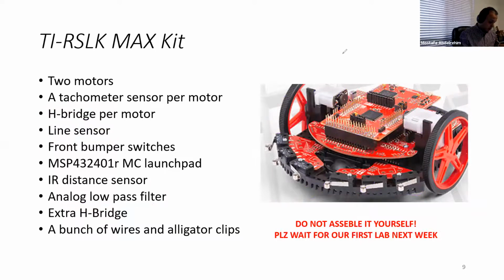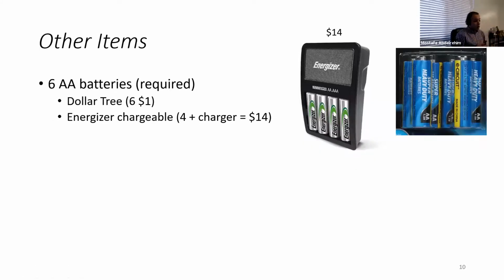Okay, and let's continue. What's not included in the kit is the batteries. This robot is operated by batteries, actually 6 AA batteries, so you need to buy them. The best option is to go to Dollar Tree, where there is a bag with 6 AA batteries for just $1.